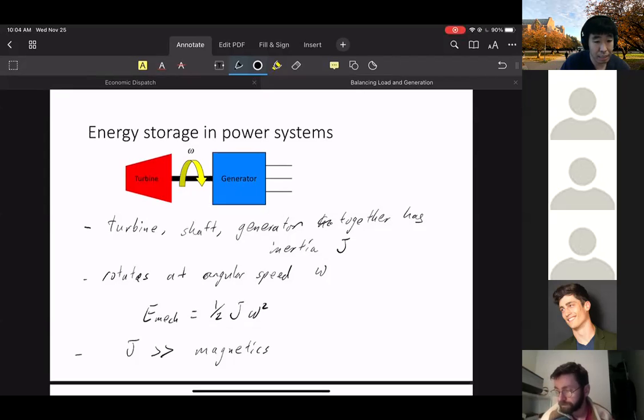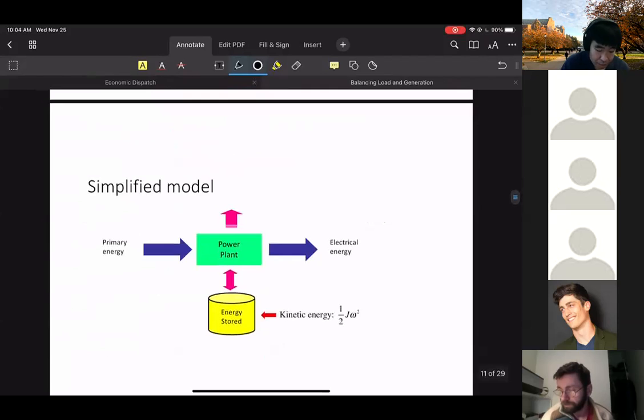So if you look at a simplified model, basically what we have is the primary energy form, this is the loss, this is the energy that goes into the loss, and we have some energy being stored based on this form, J omega squared.